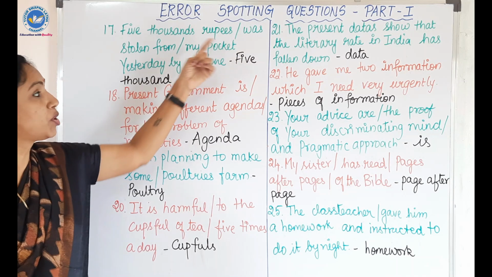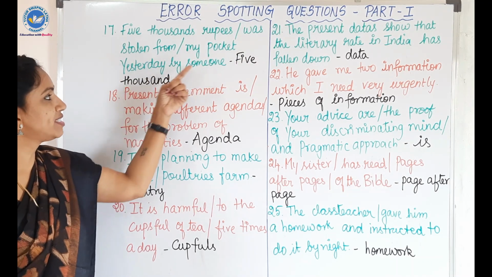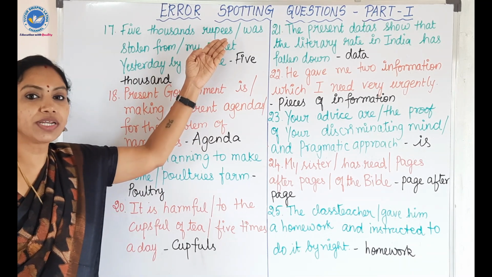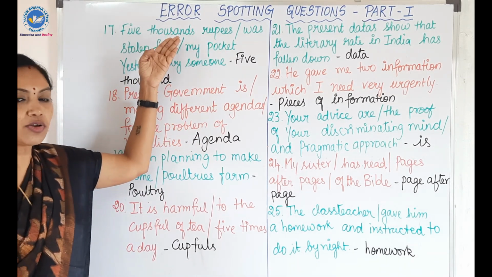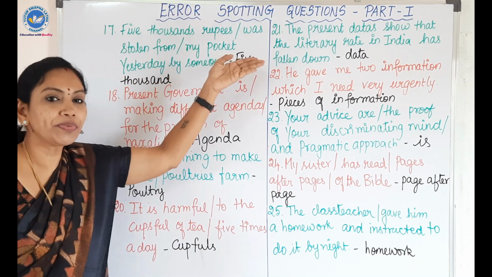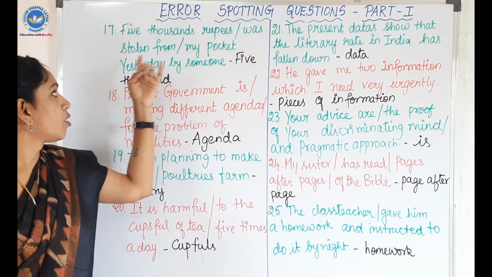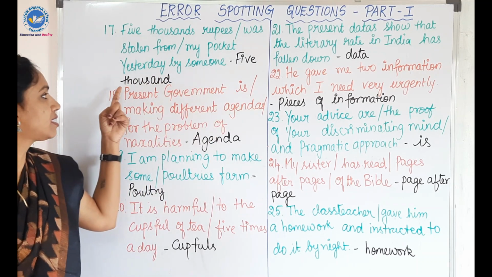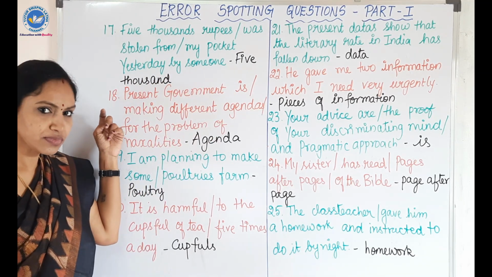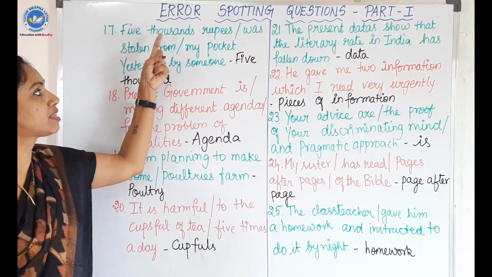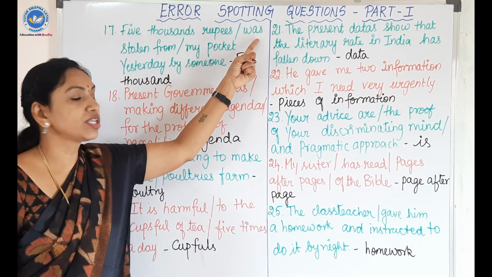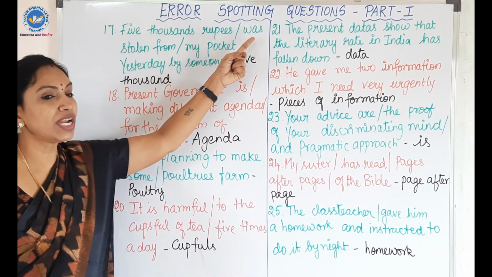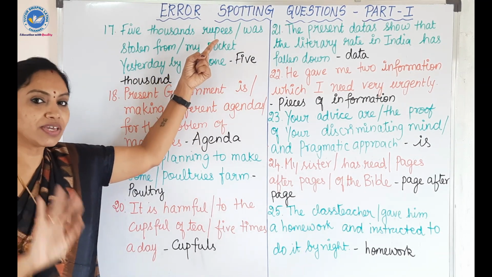Stolen from my pocket yesterday by someone. Here, though rupees is plural, they have given it. But here, thousands cannot come. 5,000 rupees itself is plural only. Was stolen from my pocket yesterday by someone. Again, I'll repeat. 5,000 rupees was. Rupees they have already given in plural.